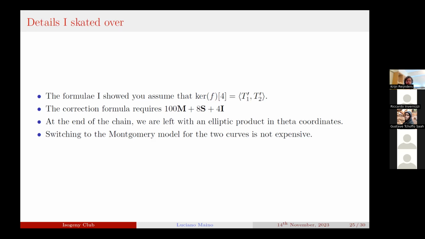There are just 10 transformations giving you a specific structure for this product of Montgomery curves. Since there are very few of them, we hard-coded all the possible transformations for efficiency reasons, and applying this transformation just amounts to a matrix multiplication. This step is not expensive, and I've not discussed it.